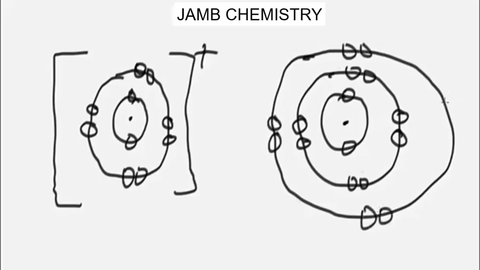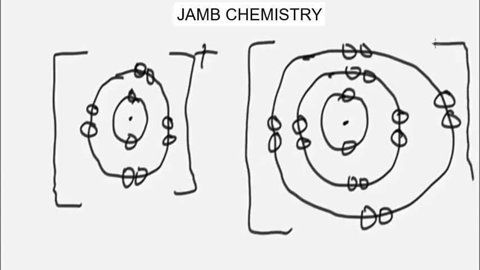Remember, the third shell contains 7 electrons, but because it has received one electron now, it will be 8 electrons. So it's now completely filled. This will be our charged chlorine. So it forms a single negatively charged ion.